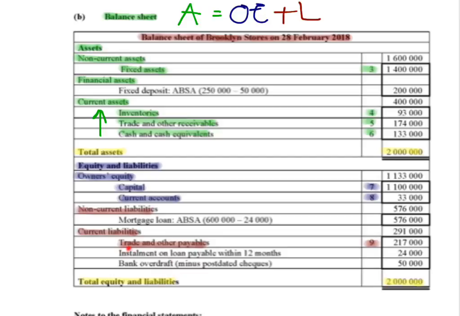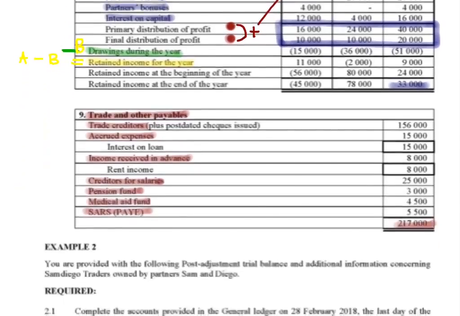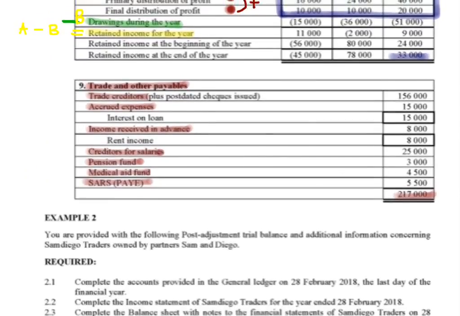When you consider our last note, trade and other payables, note number 9, that is a summary of all the people that we owe money to for the next financial year. So creditors form a crucial part of this note. I can also still owe money on some of my expenses. I can also have income received in advance.